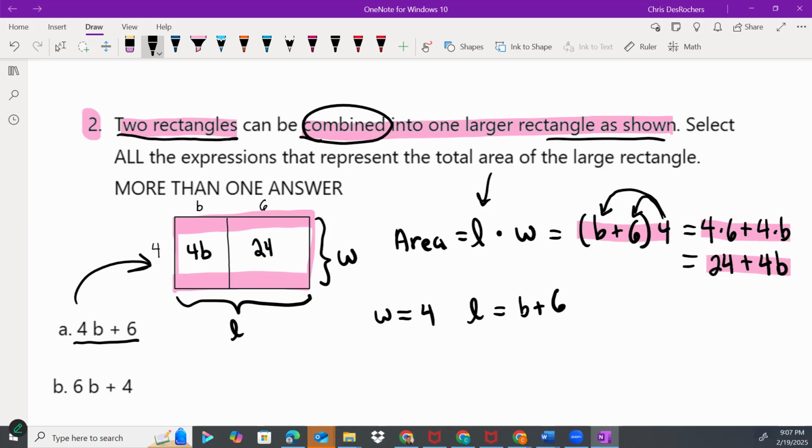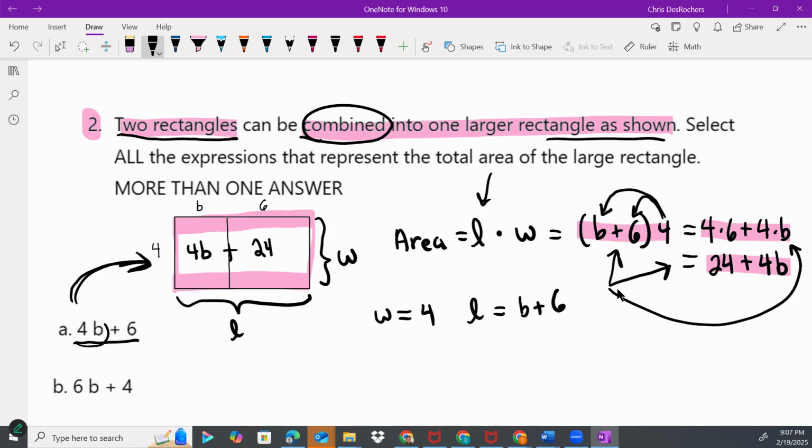So we've done this work. We found out what it is equal to. It's got these 3 different representations written in our expressions. And also, I kind of show what it looks like visually, each part of the rectangle. We can say 4b, might think of it added to 24, all right?